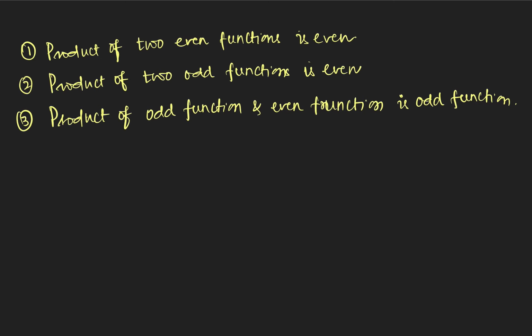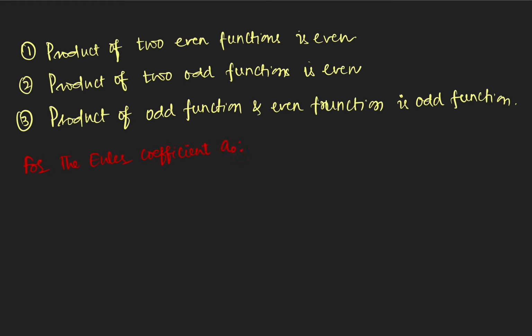Now we can look into how the even function and odd function nature affects the Fourier coefficient. First is the Euler coefficient a naught.